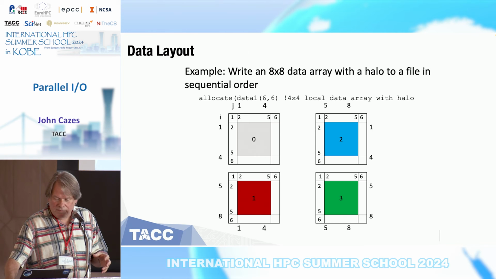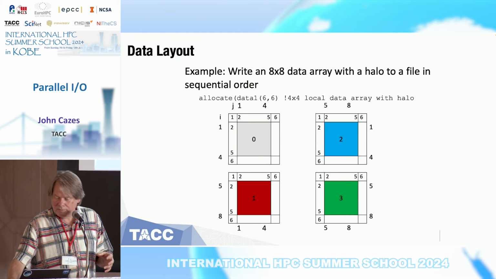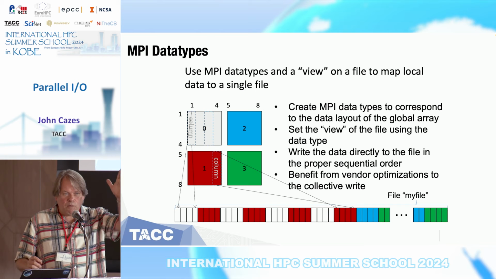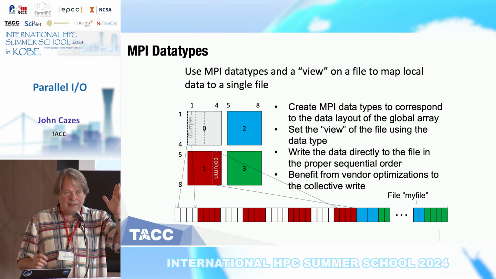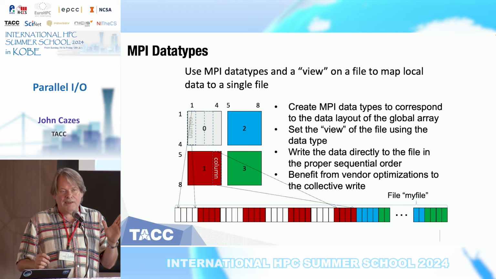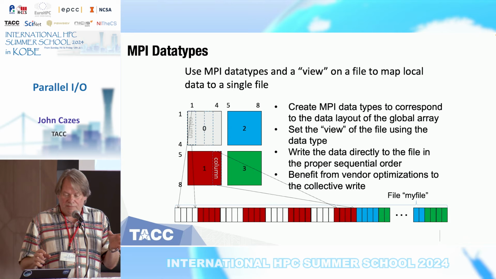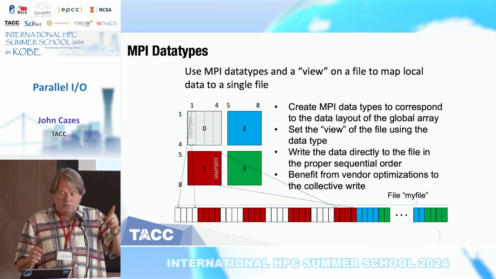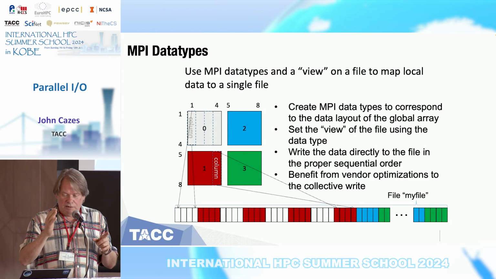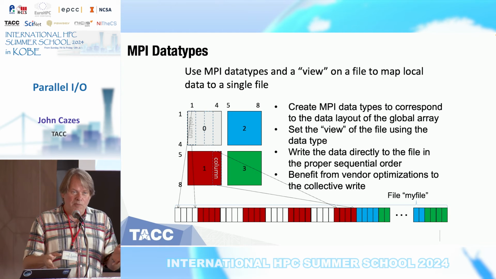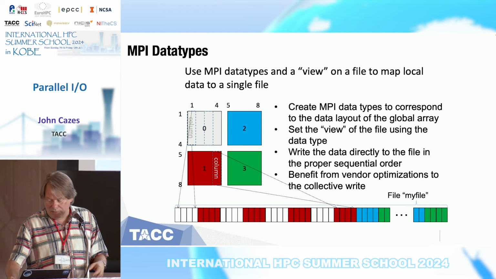Because you come back up here, I have one column on task 0, then I have another column on task 1. And that's how the data is going to be laid out in the file, because that's how it's going to write this array. It's going to write 1 through 8 in column 1, then 1 through 8 in column 2. And so somehow I have to map that to the file.